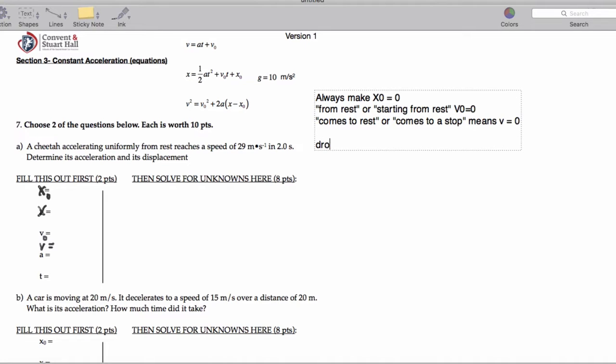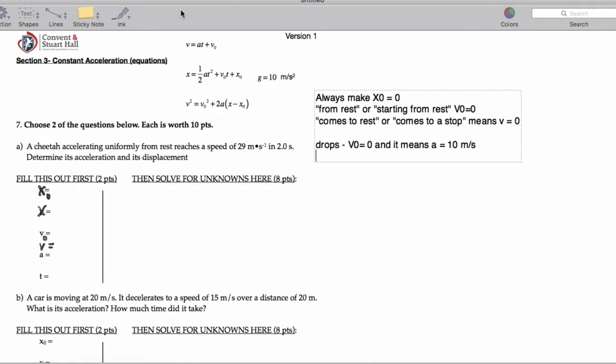And also drops means two things. It means the initial velocity is 0, and it means that the acceleration is 10 meters per second squared because of gravity.